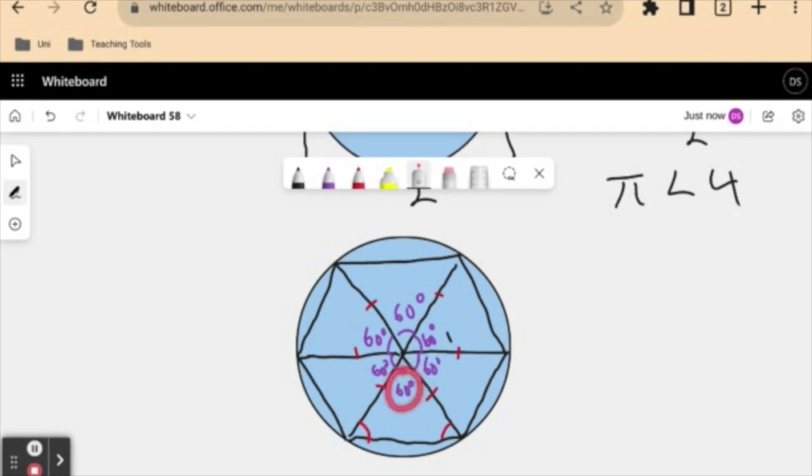Now, I have 60 degrees here. So that means that these two angles have to sum up to give us 120 degrees, because the angle sum of a triangle is 180 degrees. Now 60 has been taken up here. So I have two equal angles divvied up, which make up 120. So what's 120 divided by 2? Well, that is 60 as well.